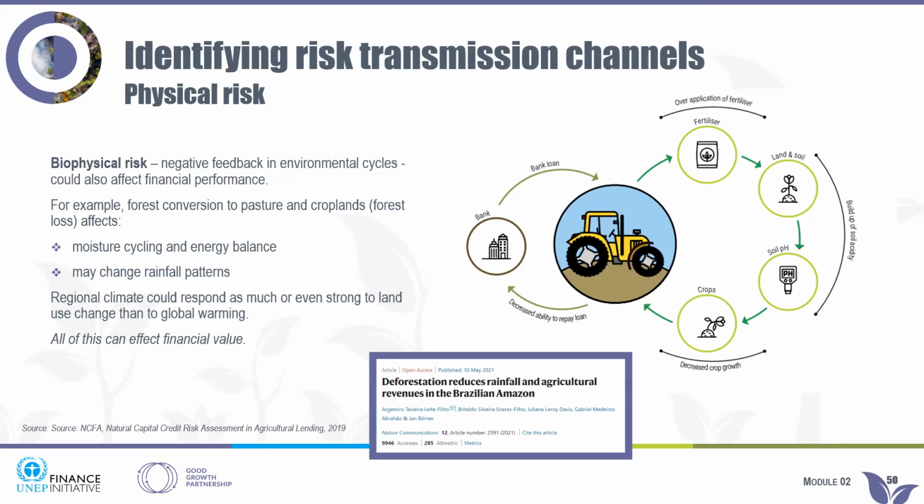The flow chart shown on the slide highlights how the negative feedback in environmental and physical cycles can affect the financial performance. In this example, forest conversion to pasture and cropland has the potential to affect moisture cycling and energy balance, and in turn, it is required to apply additional fertilizer to compensate for the decrease in certain organic components in the soil that previously were enabling high crop yield.